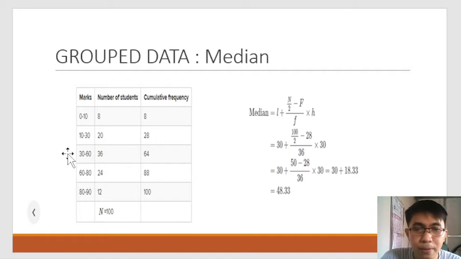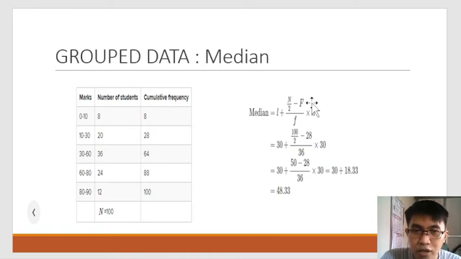Pero kung kailangan pa po natin hanapin yung mismong median doon sa loob ng median class, kailangan po natin gamitin yung formula na ito. The median is equal to L. Yung L po is the lower limit of the median class. Then, yung F po na malaki, is the cumulative frequency immediately preceding.